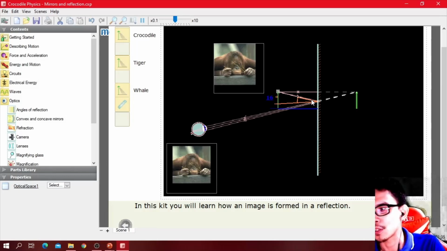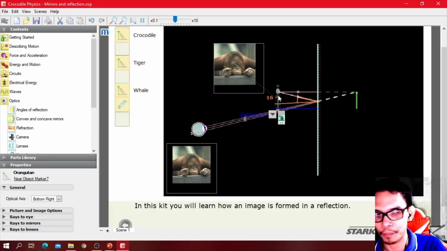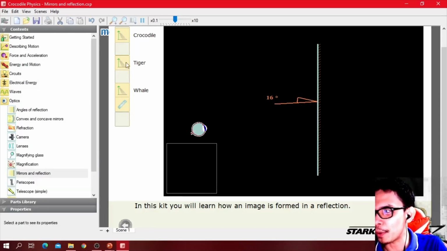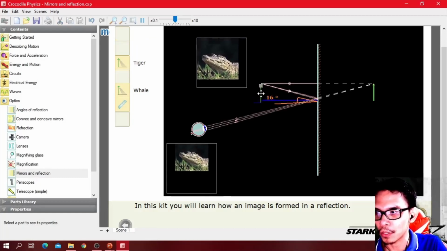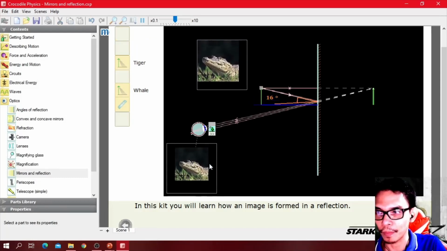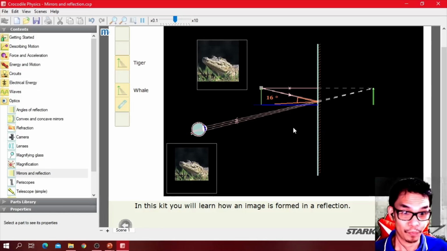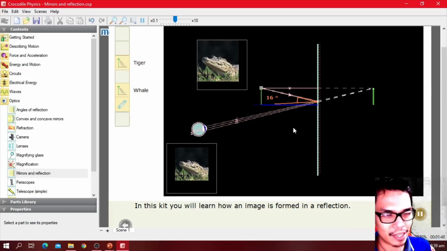If we use other images, like the crocodile right here, it will be the same thing, guys. So that is the images formed in the plane mirror.